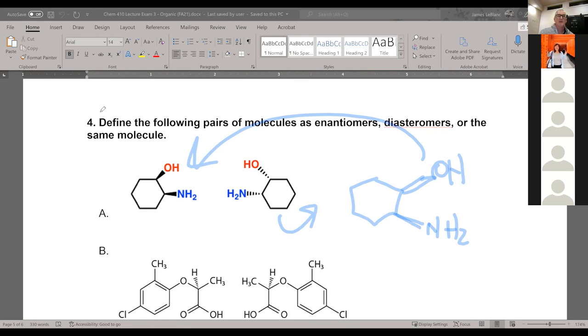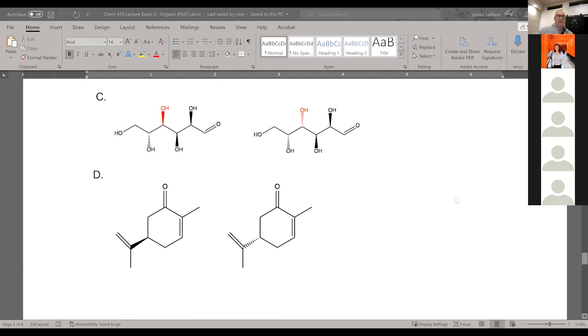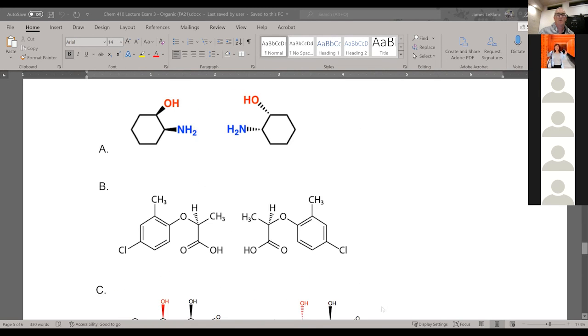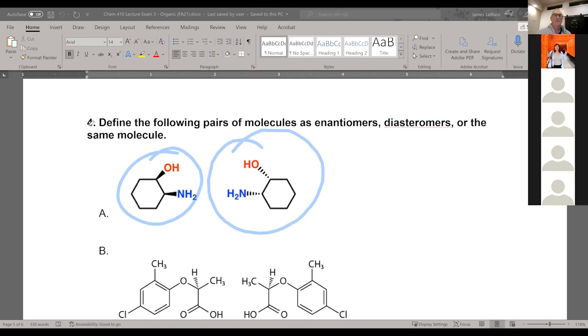Well, what's different about D is the difference between A and D. There's no sidedness here. If I rotate this one, the only two things that rotate are these two.